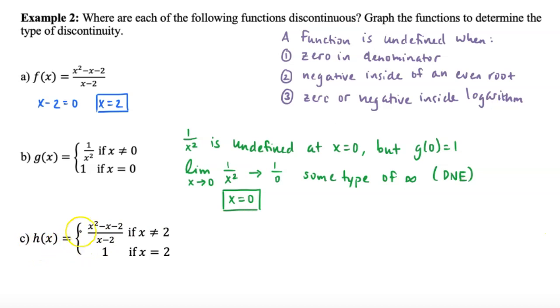Next, h of x is equal to, this is another piecewise function, x squared minus x minus 2 divided by x minus 2 if x is not equal to 2. And if x is equal to 2, this function is equal to 1.